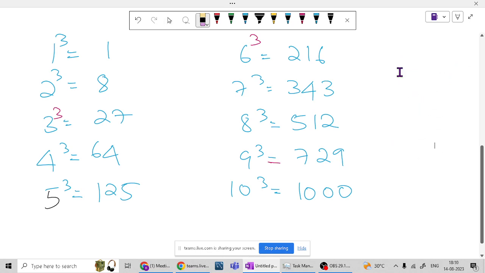How do you check whether it's odd or even? The last digit should be divisible by 2. Look, 7 is not divisible, so it's an odd number. 4 is divisible, so it's even. 5 is not divisible by 2, so it's an odd number.